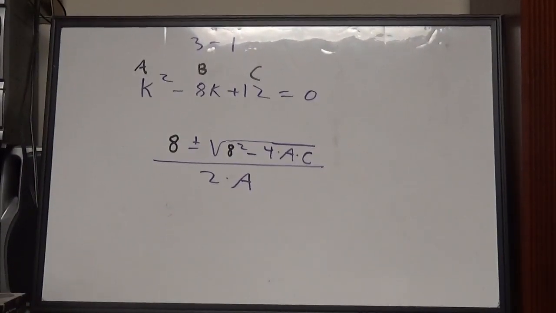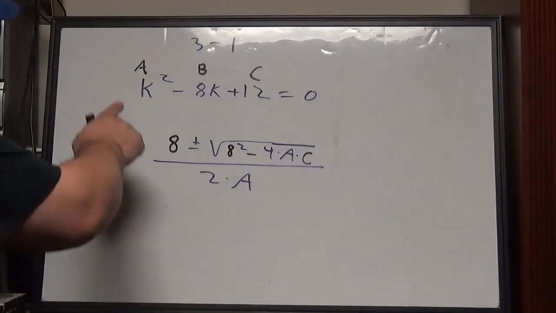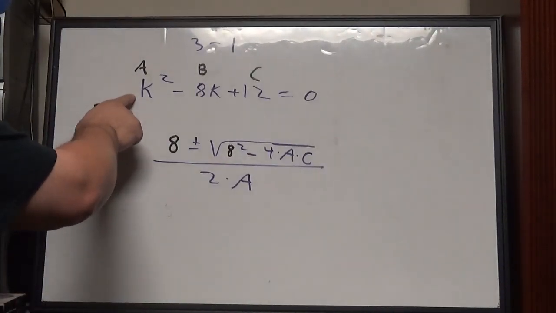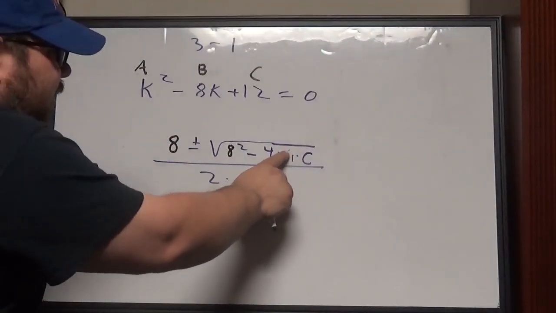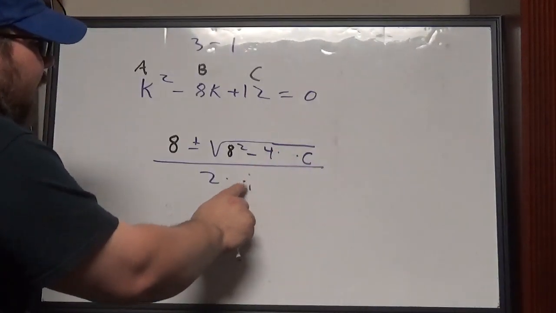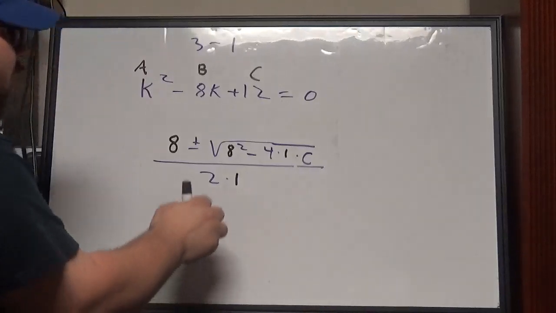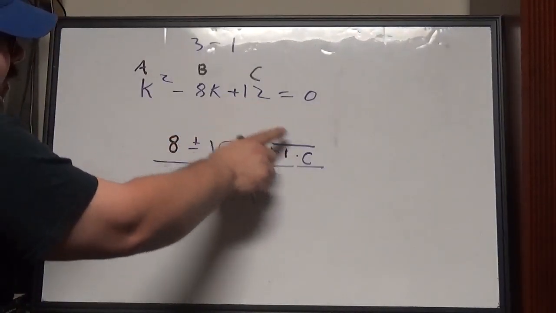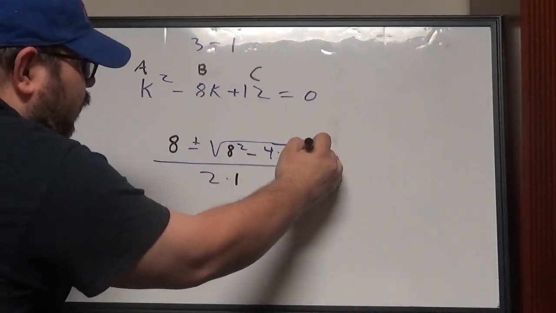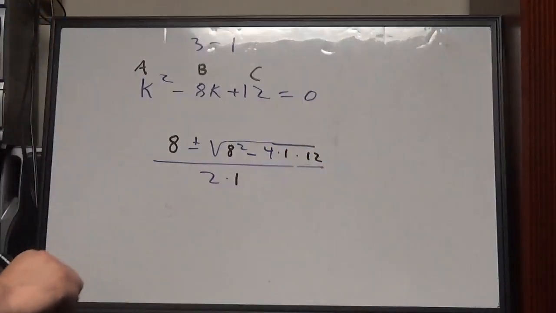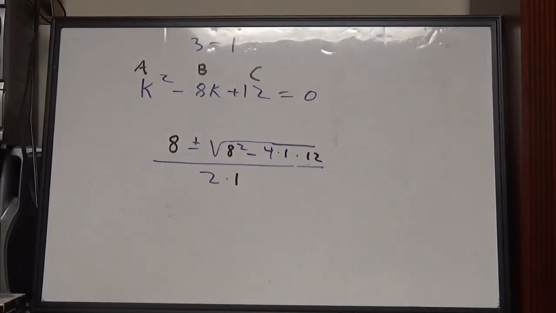Okay? A is 1. There's no coefficient listed, so it's a 1. So anytime I see an a, which is twice, I put in a 1. And if I see a c, I put in 12. Now this can go in a calculator. You'll have a plus version and a minus version.